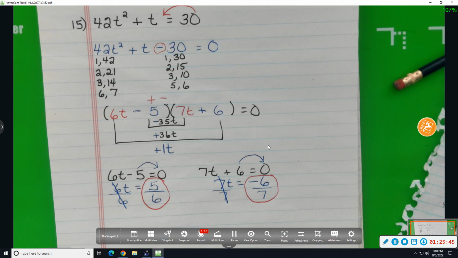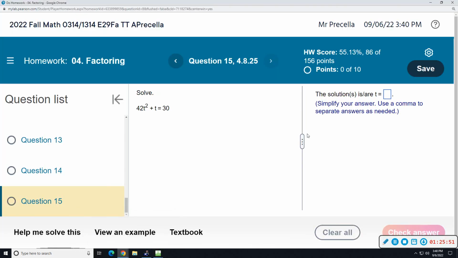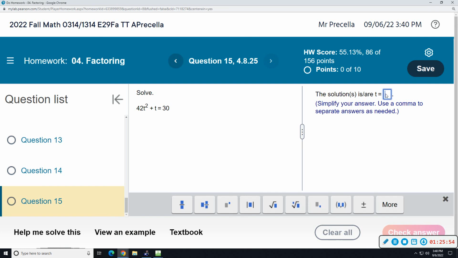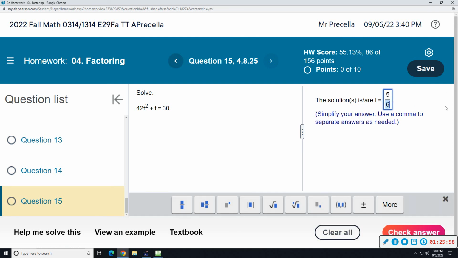Any questions there before I type them in? So it's 5/6 and negative 6/7. I come over here. 5/6. Get out of that denominator before you type a comma. Even though they've changed it so that this first time you're typing fractions and commas, if you type the comma in the denominator, it's okay.